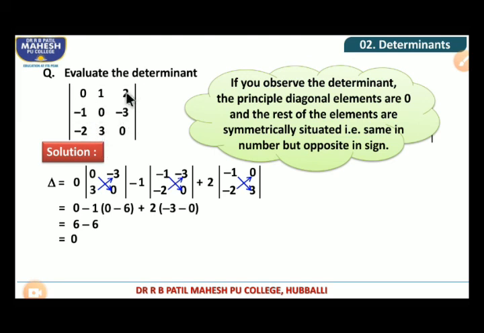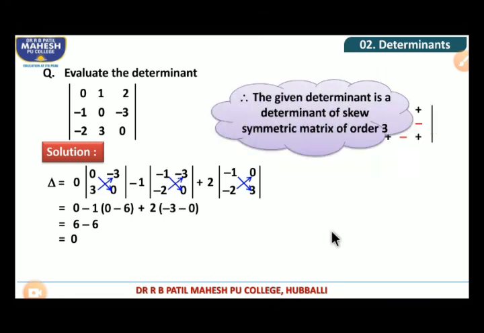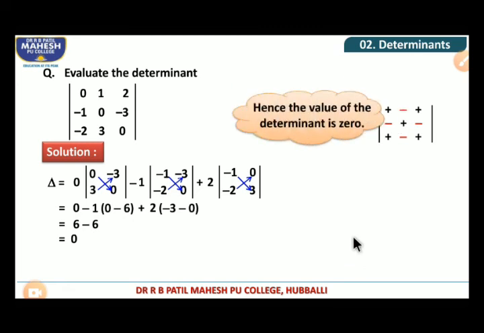Except for the diagonal elements 0, 0, 0, the remaining elements are symmetrically situated. The given determinant is a determinant of a skew symmetric matrix of order 3, hence the value of the determinant is 0.